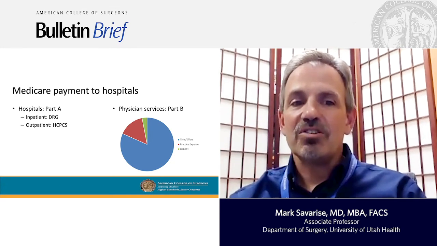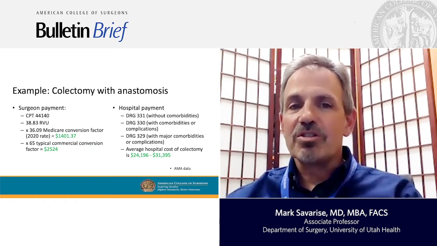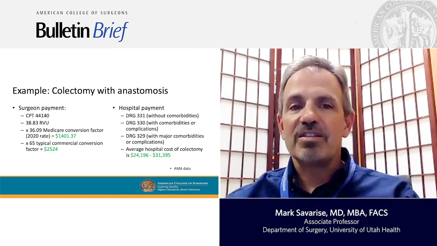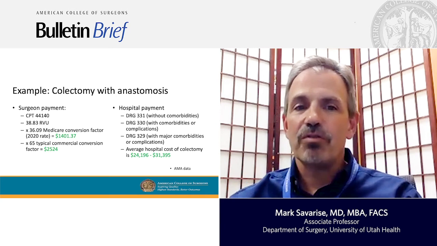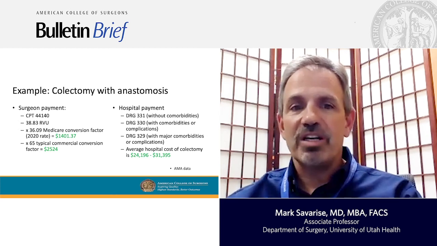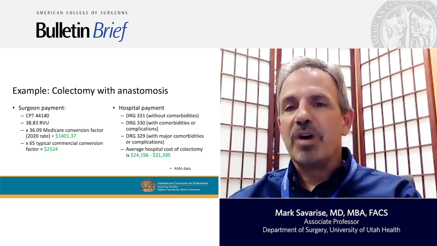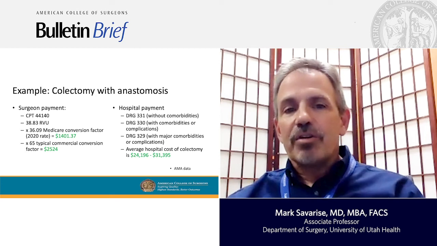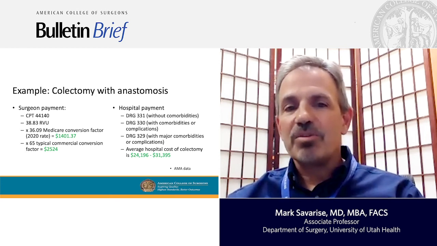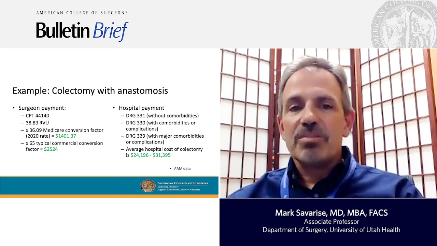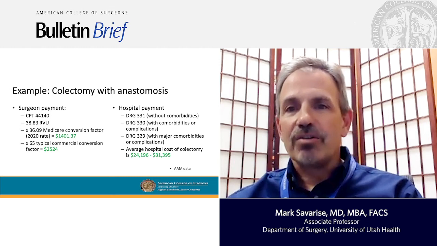And I'll give you an illustration. This is a common surgical procedure, a colectomy. The CPT code 44140 is paid at the current Medicare conversion factor, this is for 2020, not 21, $1,400 to the surgeon. If your commercial conversion factor is, say, a typical 65, the surgeon gets about $2,500 or so for it.